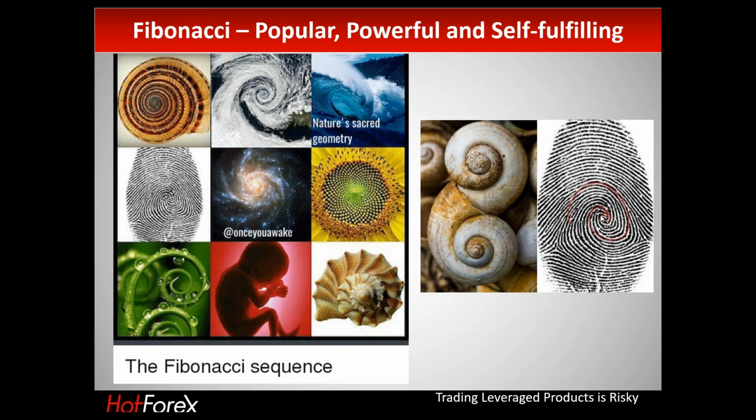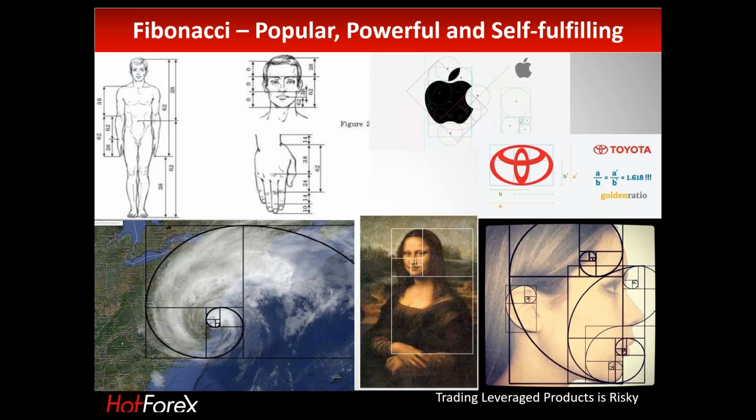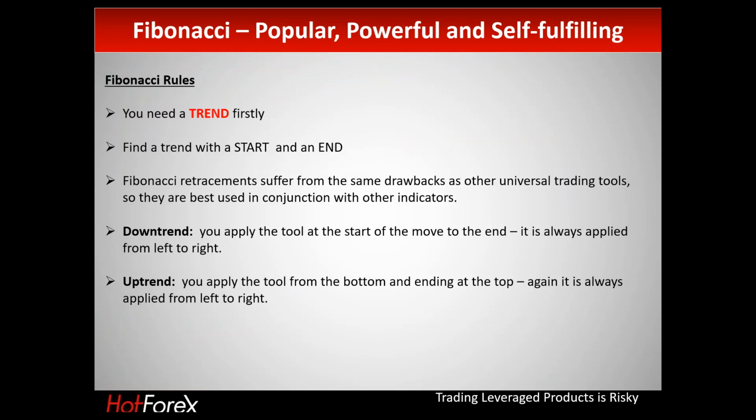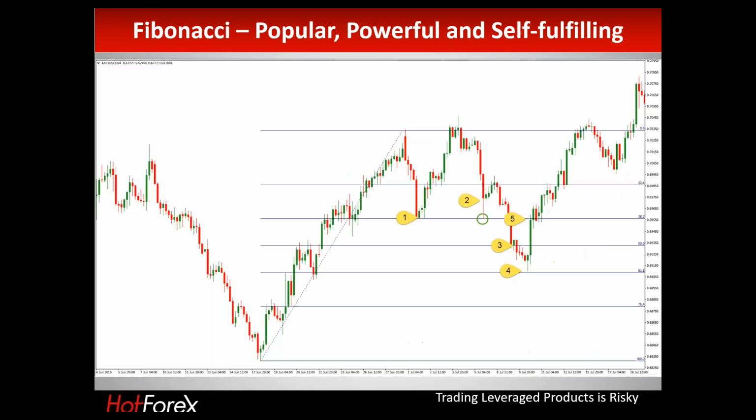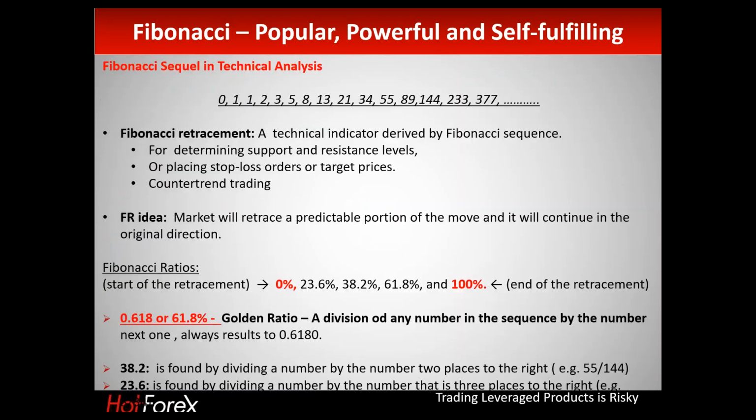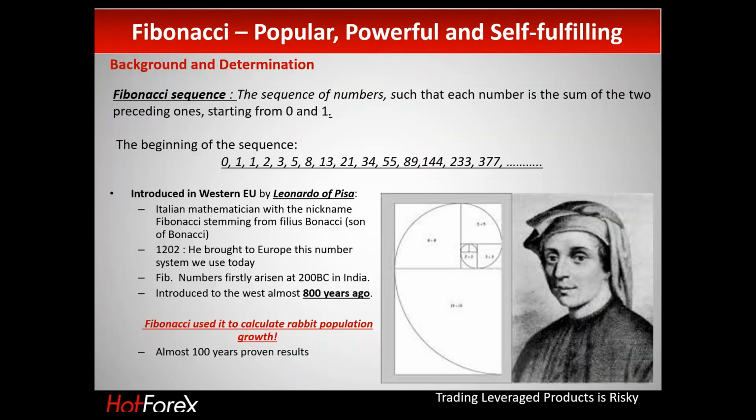Why am I showing you this shape that looks like a snail shell? Because the Fibonacci ratio is demonstrated, it could be shown with this shape.